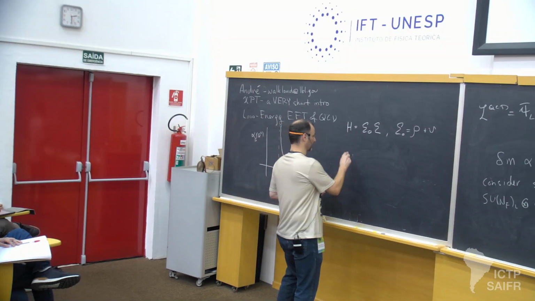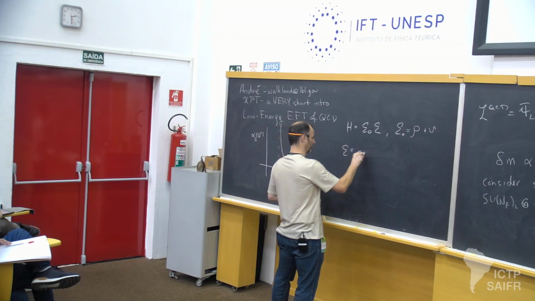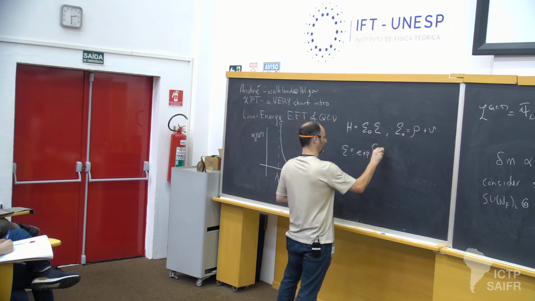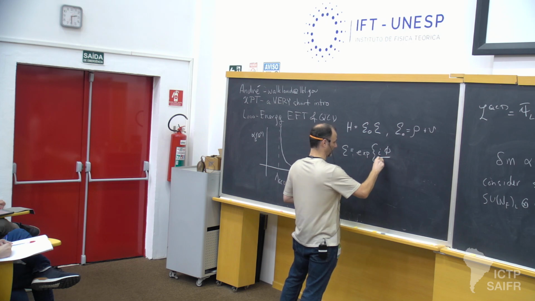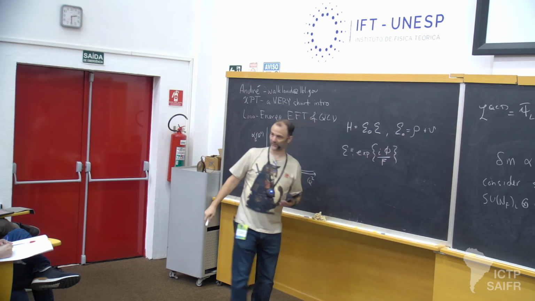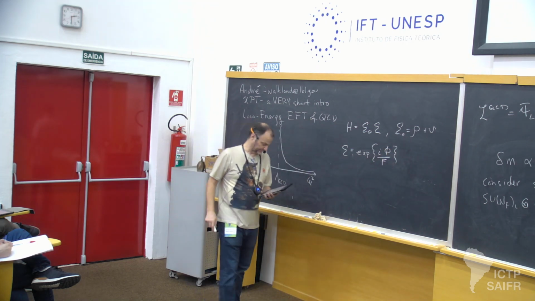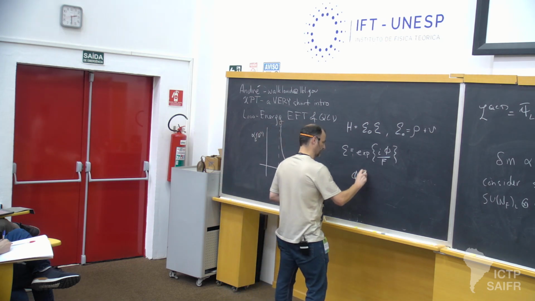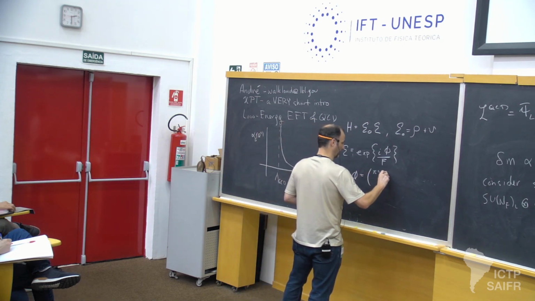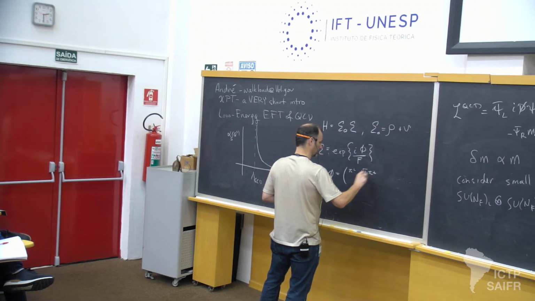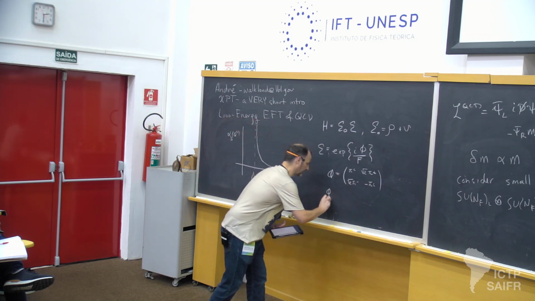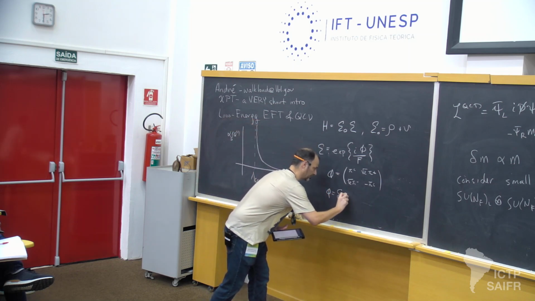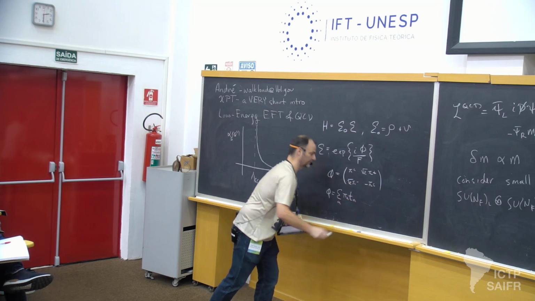And then this sigma field, we're going to write as the exponential of i times some dimensionful field. So we have to divide by some other dimensionful scale, f, which we'll figure out what f means. And theta is just going to be a matrix that has the pions in it. It's a traceless matrix, so you can also write theta as the sum over the generators, some pi fields times the generators.